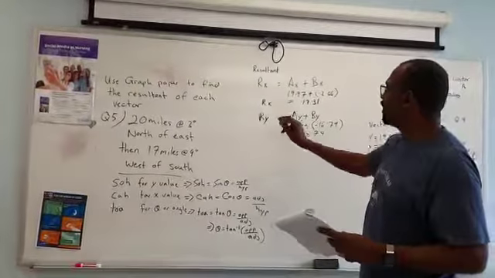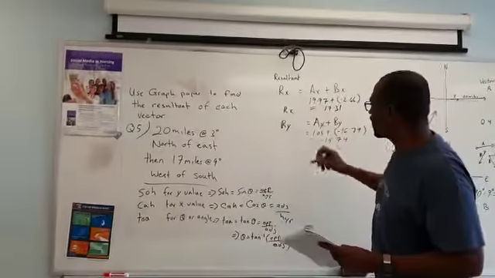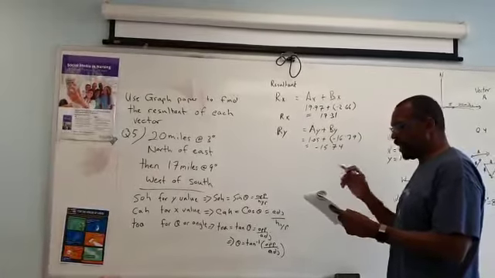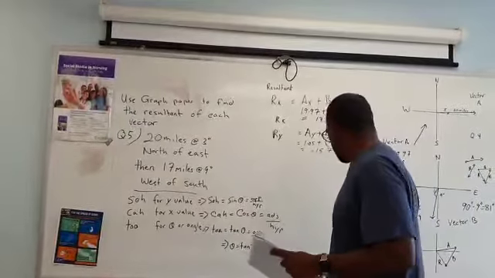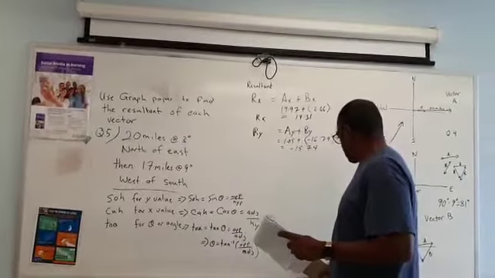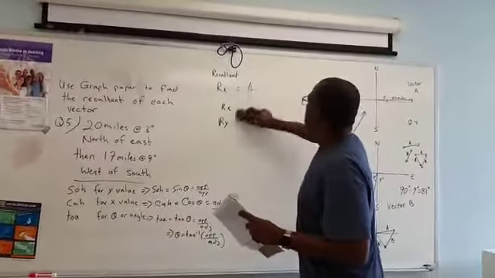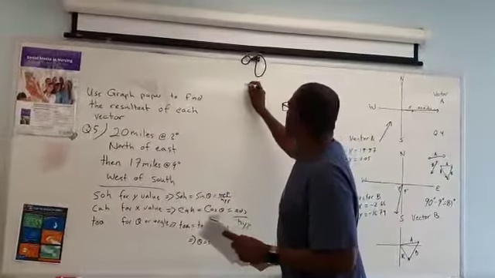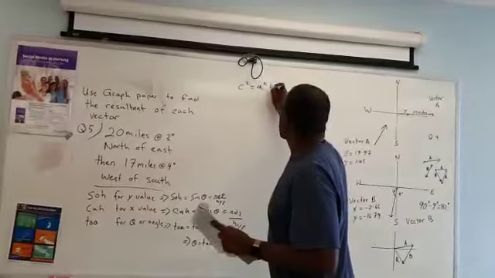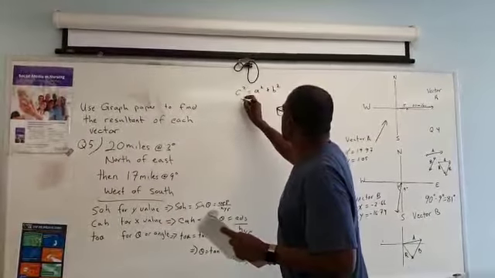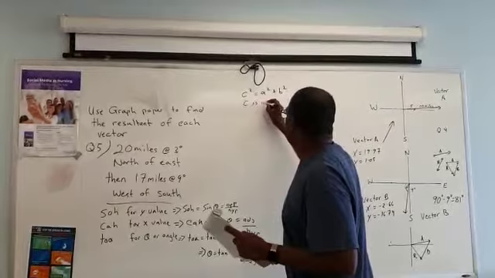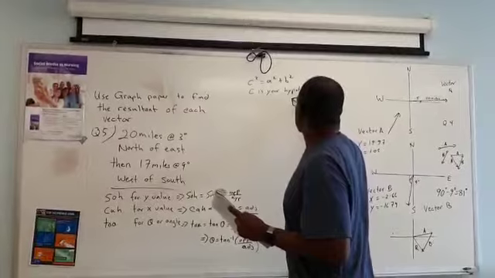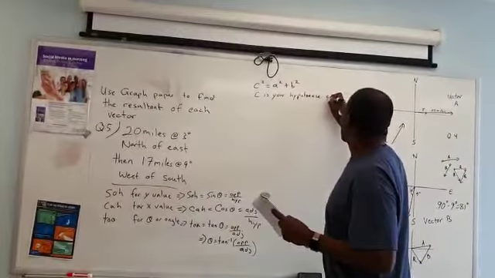Okay, so this is your resultant vector, and these are the x and y values of the resultant vector, right? To find the length of the vector, we're using this formula, which is c squared equals a squared plus b squared. C is your hypotenuse, or resultant.